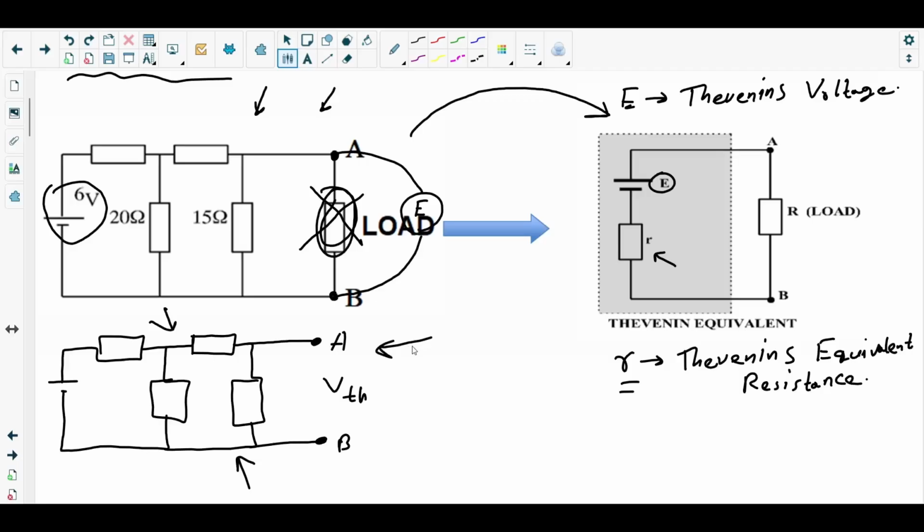Here the load resistor is disconnected, and then you find the PD, the voltage across the terminal AB, the terminal from which the load resistor has been taken out. That voltage will be the Thevenin's voltage. Then from that circuit where the load resistor is absent, find the equivalent resistance. That resistance will be the Thevenin's equivalent resistance.